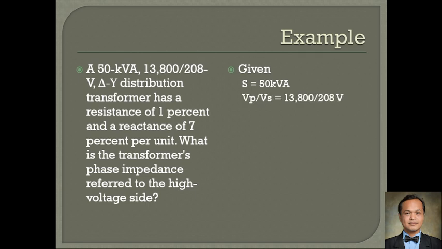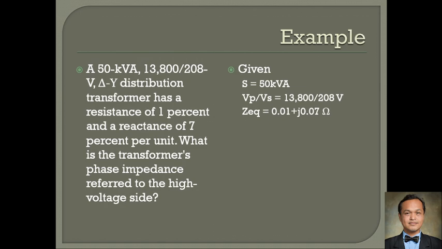So the turns ratio, the relationship between the primary voltage and the secondary voltage, is equal to 13,800 to 208 volts. The Z equivalent, this is the impedance equivalent or the line impedance of the transformer, is equal to 0.01 plus j0.07 per unit.